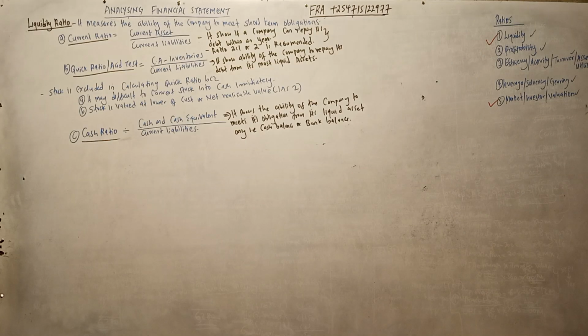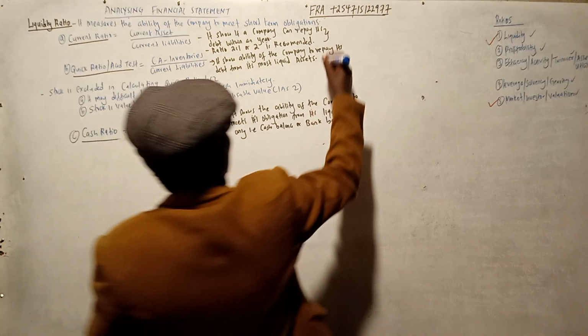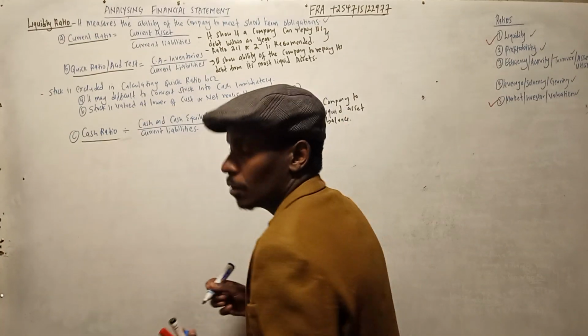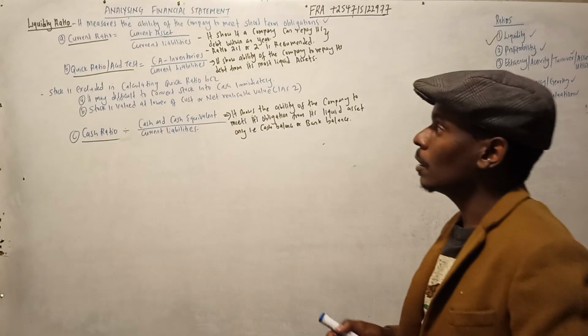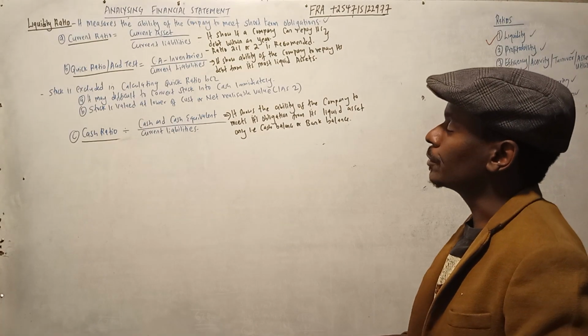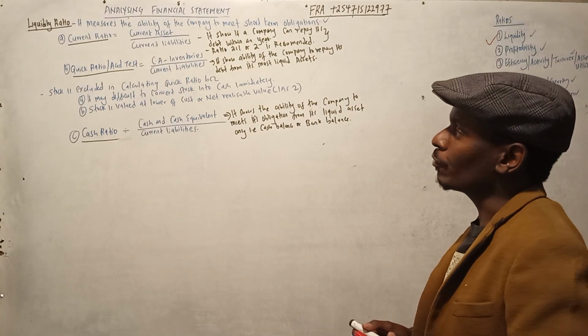It measures the ability of the company to settle the short-term obligation, so it shows how the company can easily pay its debt effectively without problems. So we have three types of liquidity ratio.